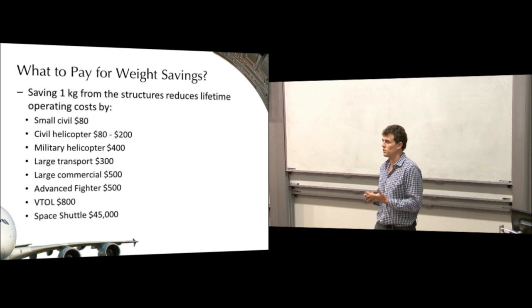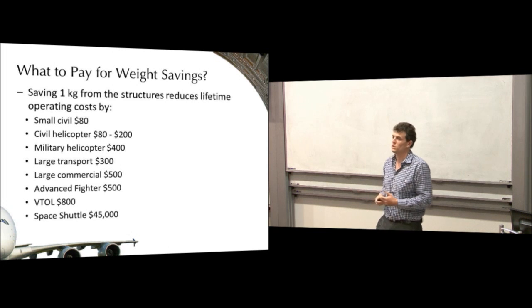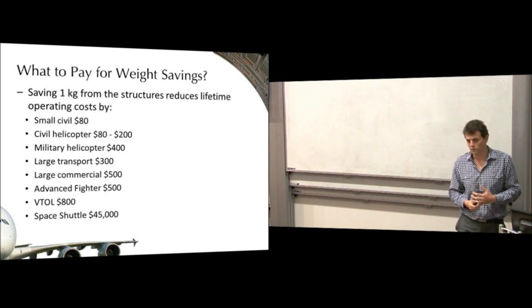You need new manufacturing equipment, new tooling, new skills. So you only will make that weight saving if there's the payoff in return for doing so. There's not the money in redesigning a Cessna to be made out of carbon fibre, but there is the money in redesigning an airliner to be made out of carbon fibre.